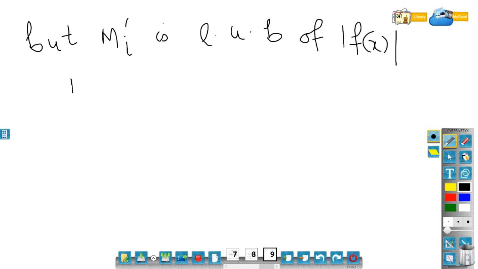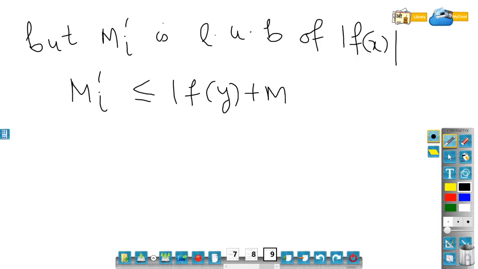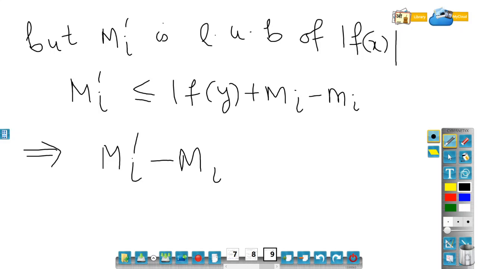So this would imply Mi dash must be less than or equal to mod f of y plus capital Mi minus small mi. This would imply capital Mi dash minus capital Mi plus small mi is less than or equal to modulus of f of y.